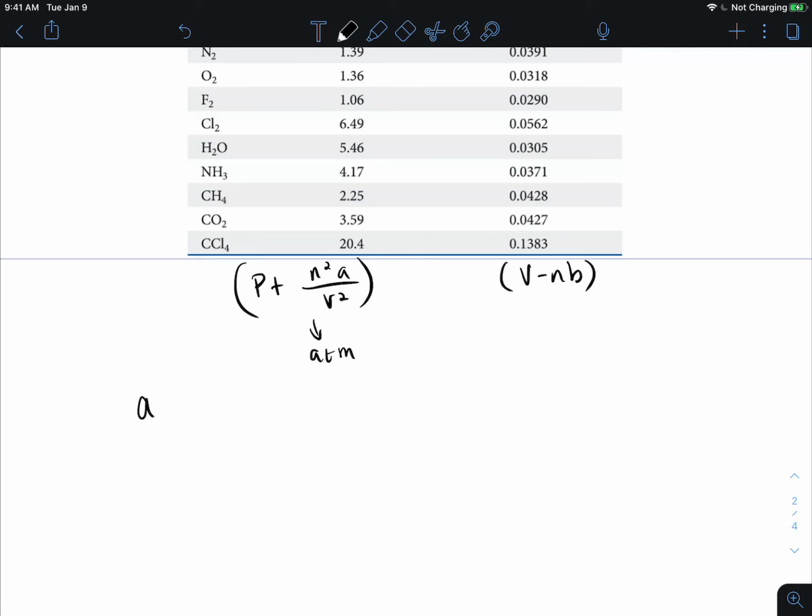Now, let's actually look at what our a and b terms mean. So our a term kind of talks about the attractive forces or the polarizability of the substance. So things that have large a terms are either going to be polar or they have a lot of electrons that they can push around.